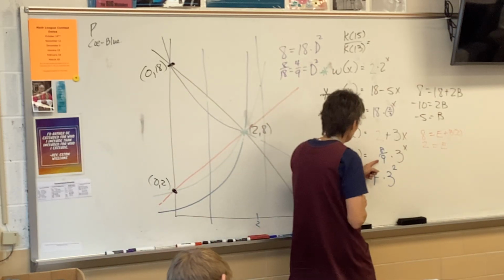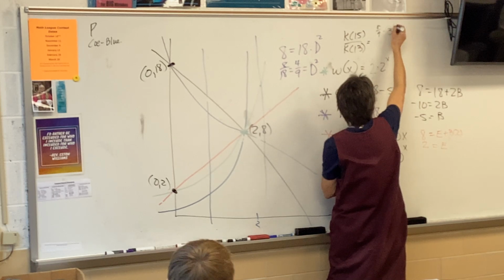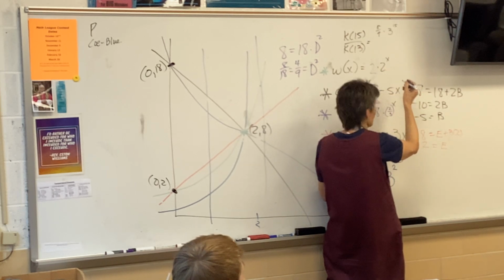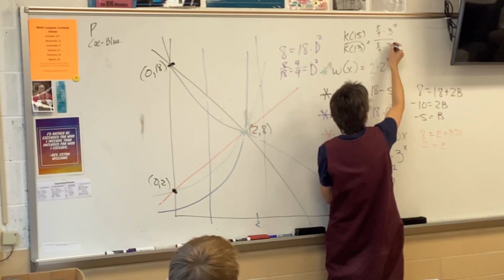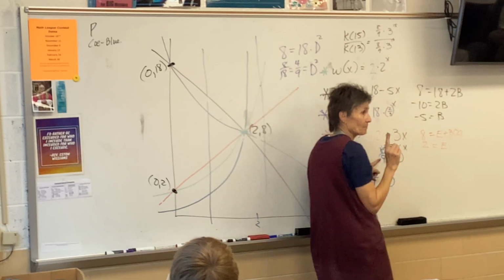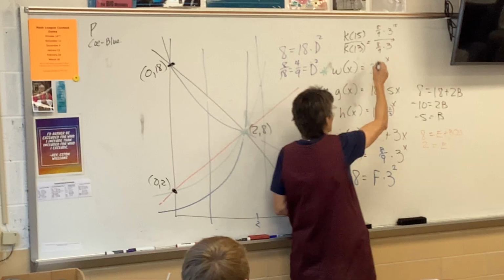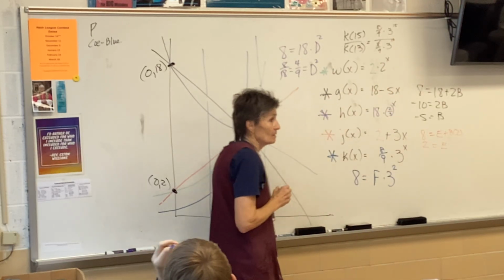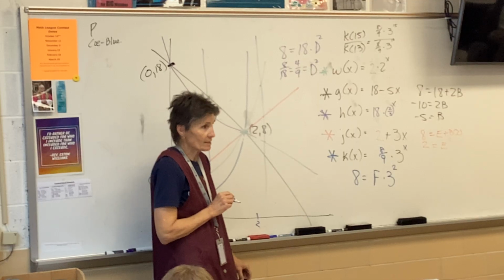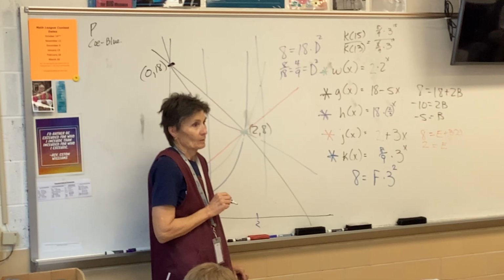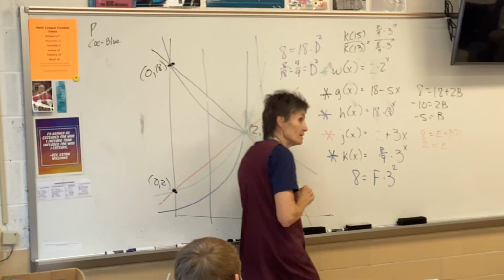K of 15 will be 8/9 times 3 to the 15th. I don't know what that is. That's going to be huge. And K of 13 is going to be 8/9 times 3 to the 13th. Just hang on. So can we cancel these? So we have 3 to the 15th over 3 to the 13th. What does that make? 3 squared, which is 9.